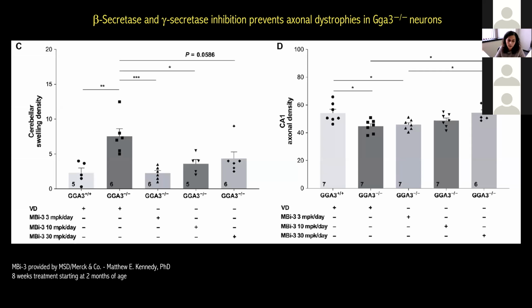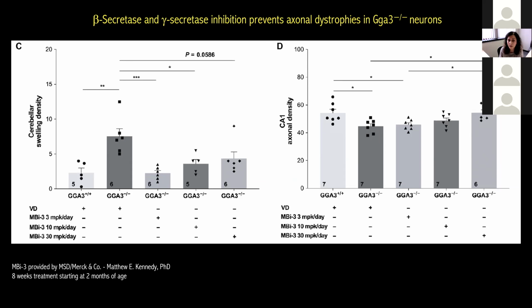Together with our collaborators Dan and Merck, and Matt Kennedy was the person who coordinated all of this, we decided to treat live animals with a potent compound, a BACE inhibitor widely characterized by the Merck colleagues. And we started to treat mice at 2 months of age for 8 weeks. After these 8 weeks, we analyzed cerebellar swelling density and CA1 axonal density.